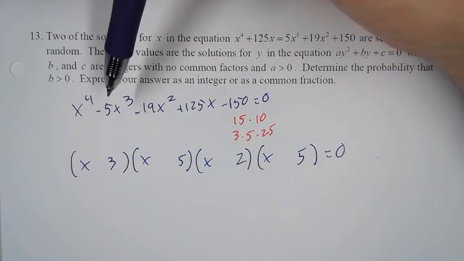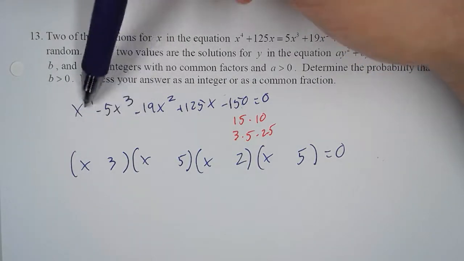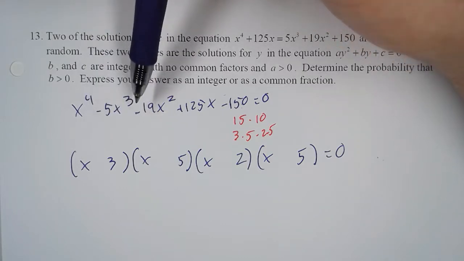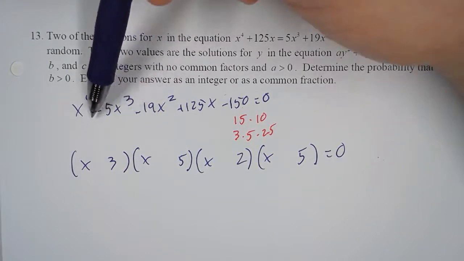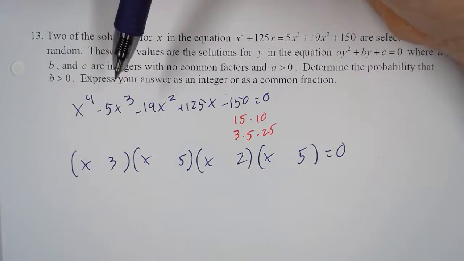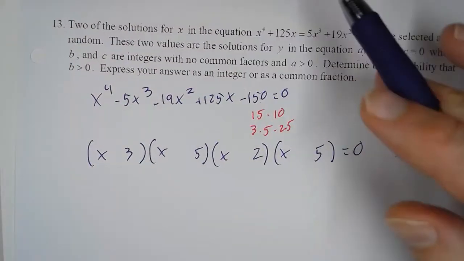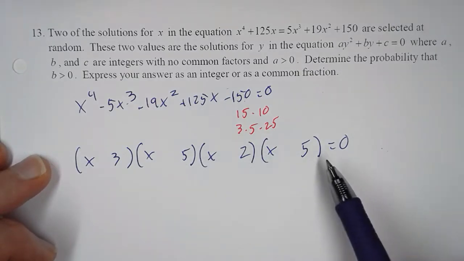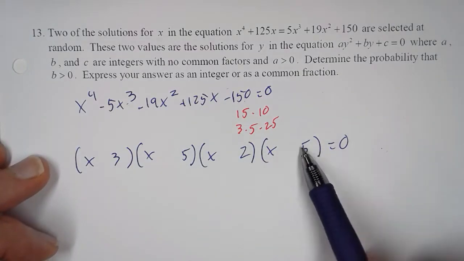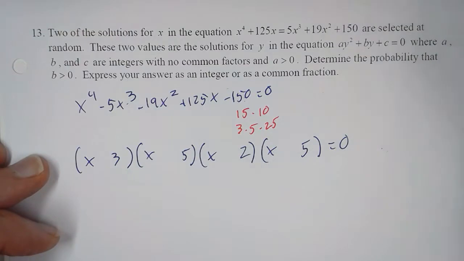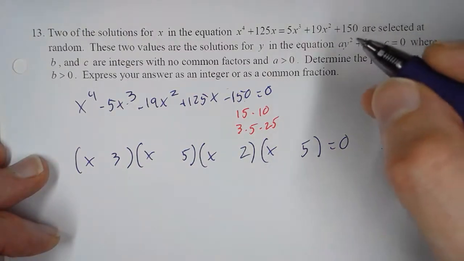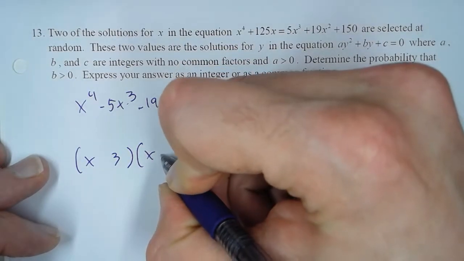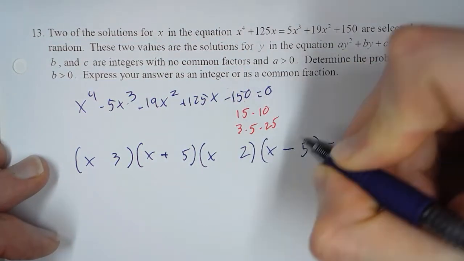Now the clue that also helps us is the fact that we have negative 5x cubed right here. That's another clue for us. Because where are we going to get x cubed? If we multiply x 3 times and then multiply the number. So these numbers, whatever they are, have to add up to negative 5. So the way this works is the 5 and the negative 5 are going to cancel out.